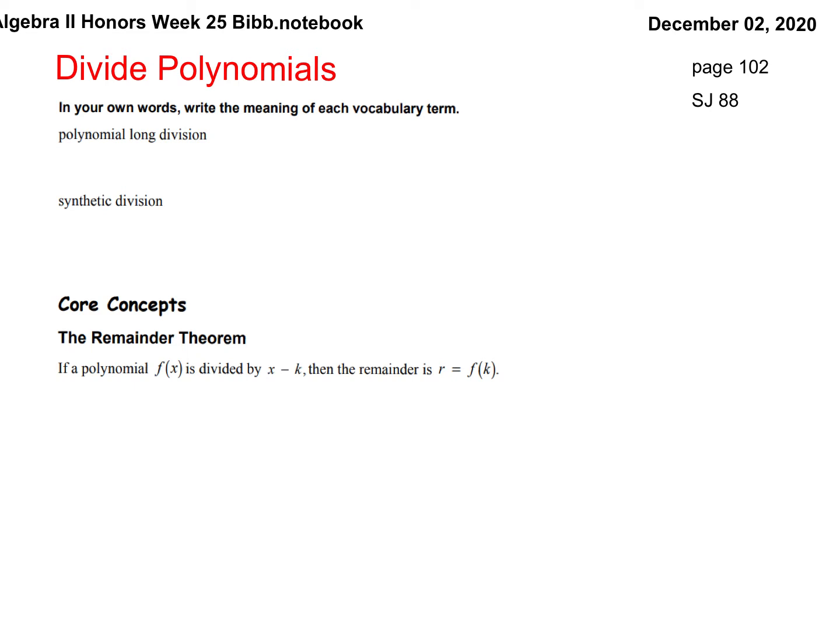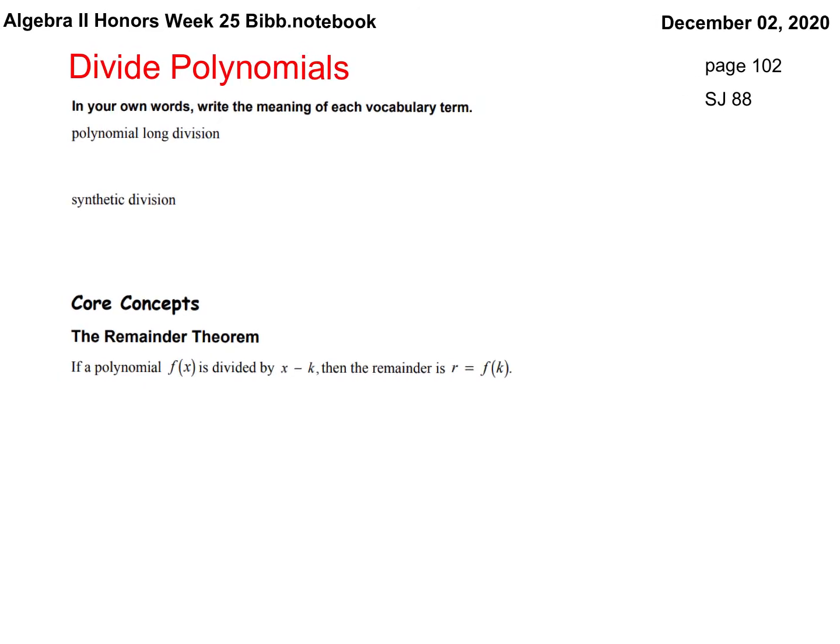One of the big differences between polynomial long division and synthetic division is the fact that you can divide every single polynomial with long division, but you cannot use synthetic division on every single polynomial.